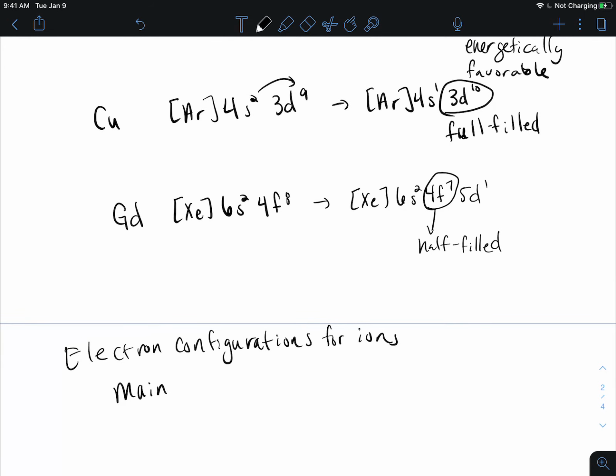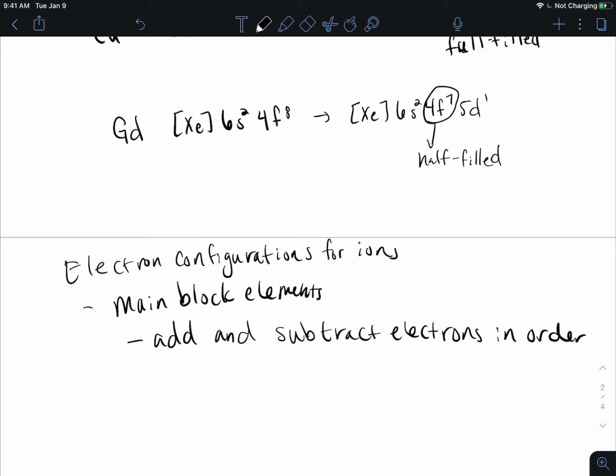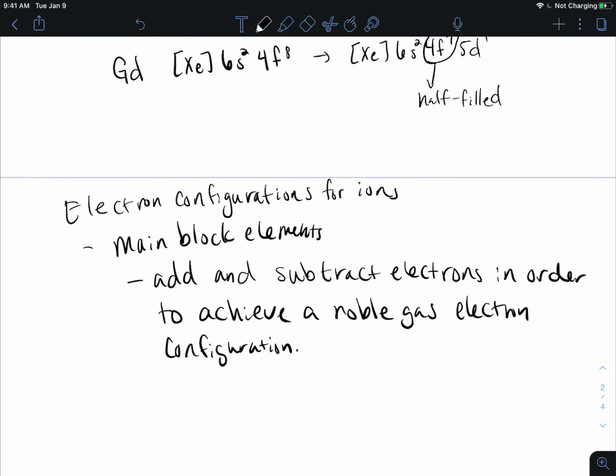So main block elements are going to add and subtract electrons in order to get to a noble gas electron configuration. So these are pretty easy to do. There's usually no anomalies here.